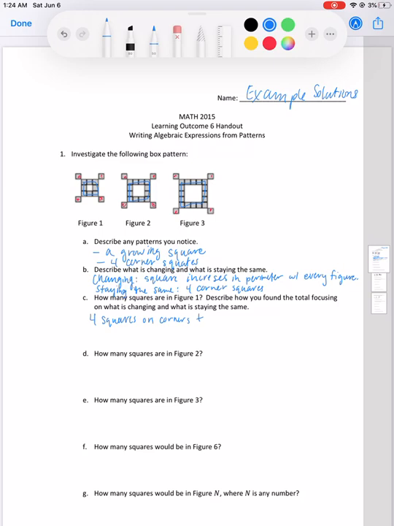So we'll do 3 top squares in the main square. 3 for top row, if you will. 3 squares in top row. We have 3 squares in the bottom row. Plus 1 on the left side, plus 1 on the right side.